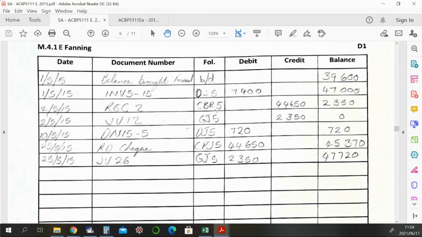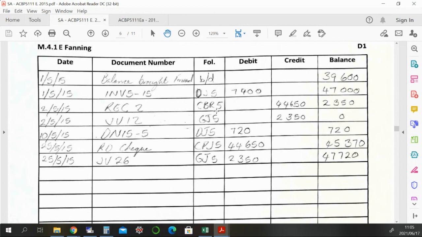Yeah, so you are supposed to know, because the fact that there was a settlement discount, we know that all settlement discounts are entered into the general journal. We can't just leave this balance because we know that it was in full settlement. So we have to write off this balance. Does it make sense? So that's what's happening there.